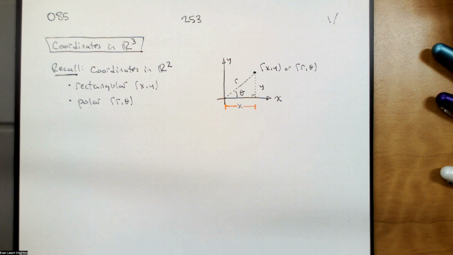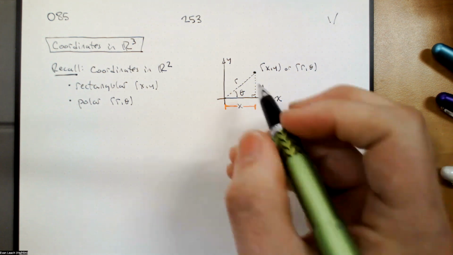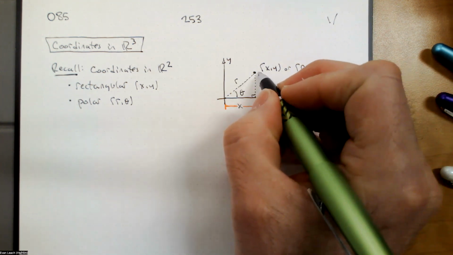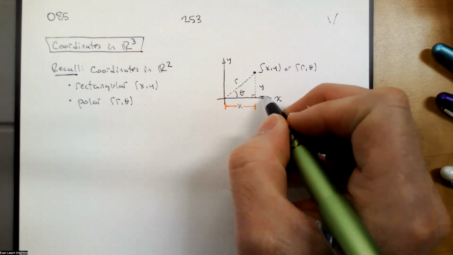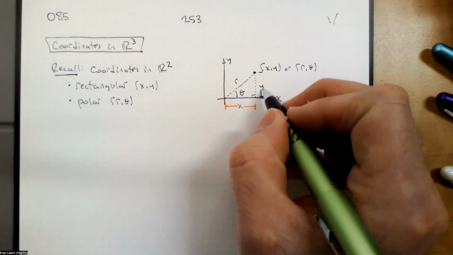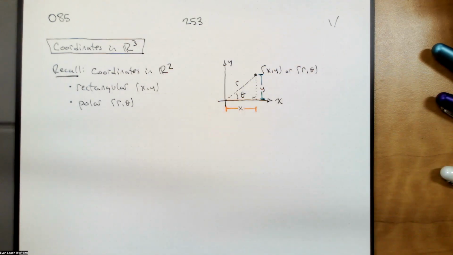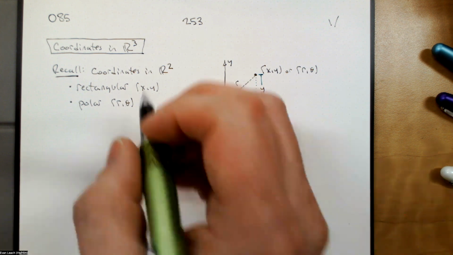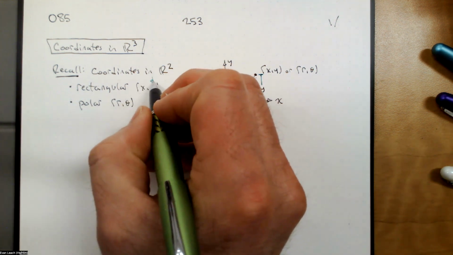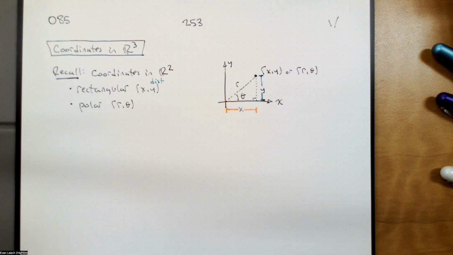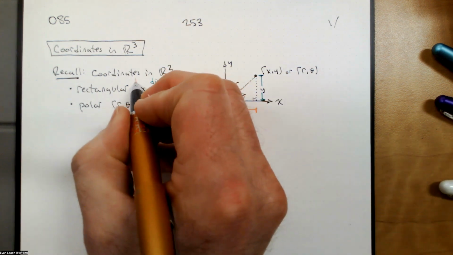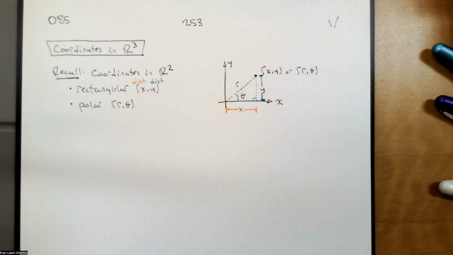Y was the vertical distance from the origin to the point. The thing to note here is that X and Y are both distances. We describe a location with two distances.